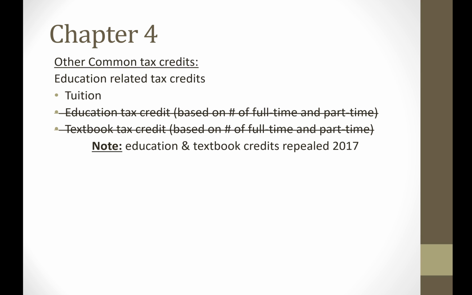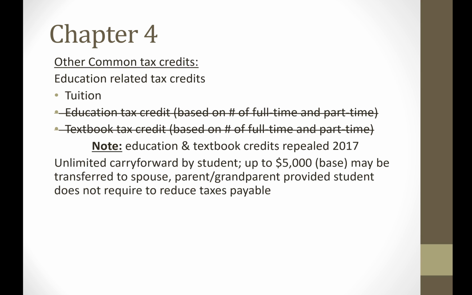just the tuition amount. Now, if the student cannot use up the full tuition amount, which is the case because they're probably attending post-secondary schooling full-time or part-time, they may not have enough income to use up the tuition tax credit. Well, that student can carry it forward an unlimited number of years.